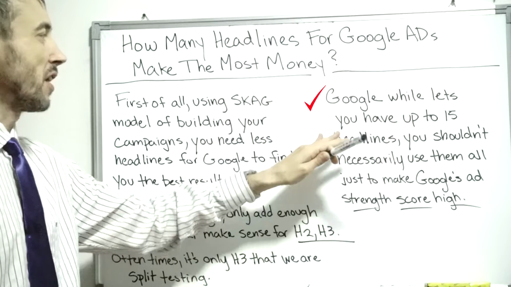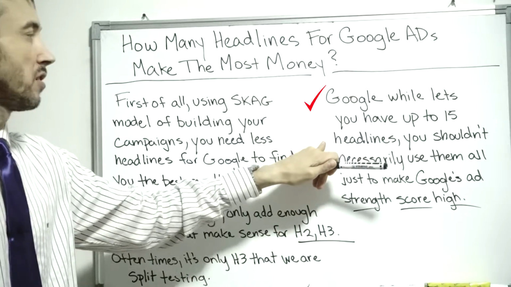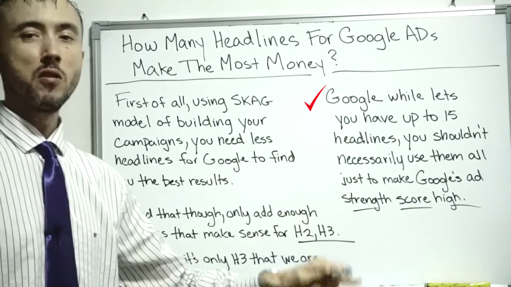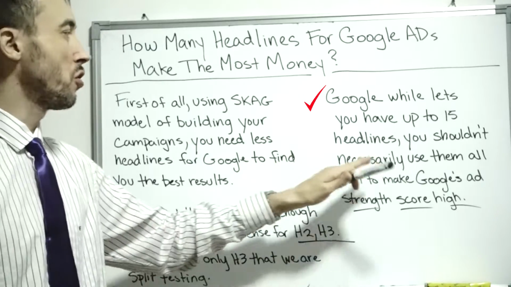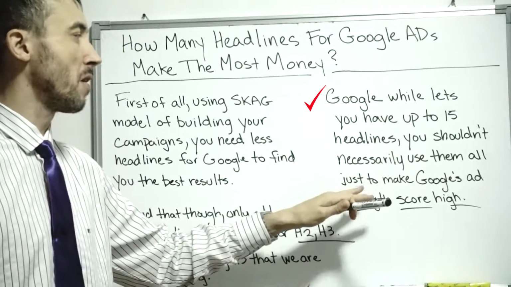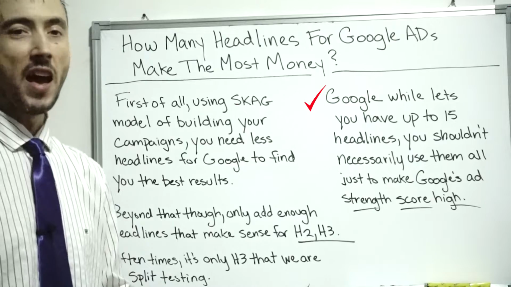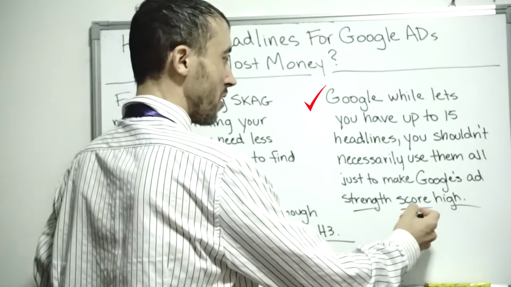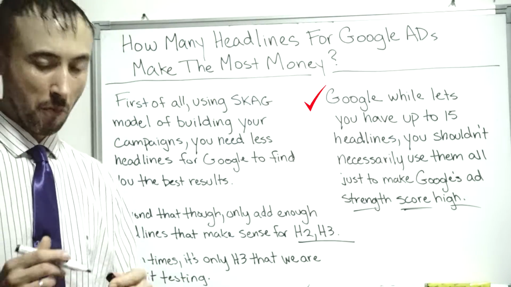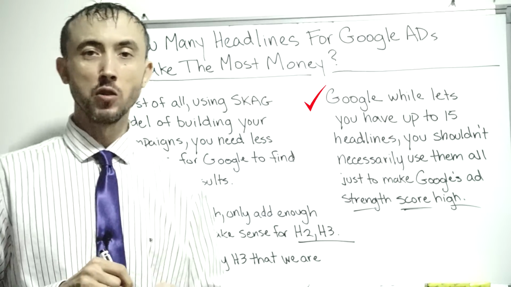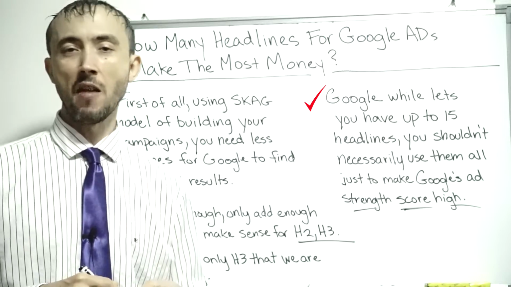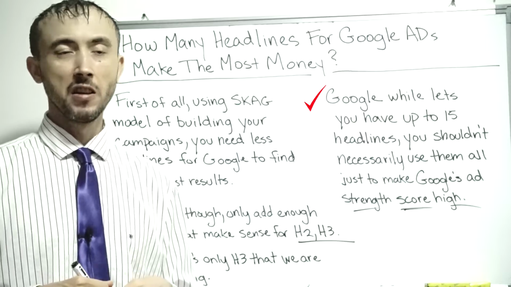Google will let you have up to 15 headlines on your ads. I'm telling you here, first and foremost, you shouldn't necessarily use all of them just to justify a high ad strength score, because Google's system is set up for dummy advertisers who don't know a thing about Google Ads or advertising or marketing or anything.